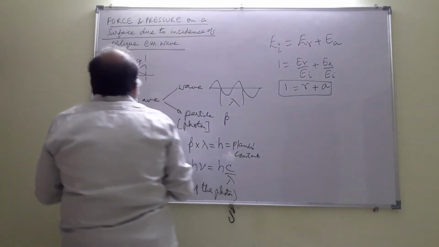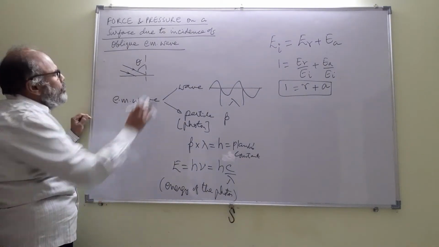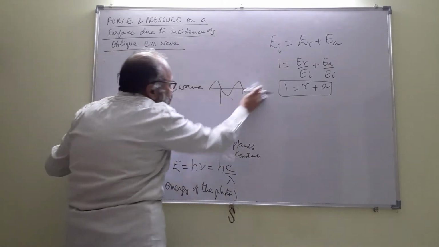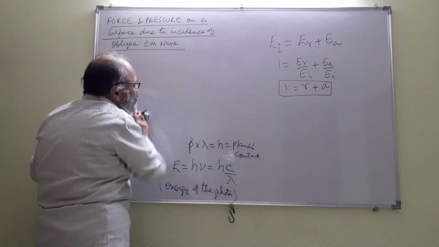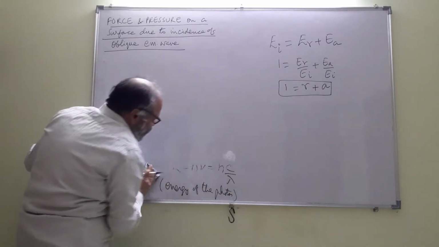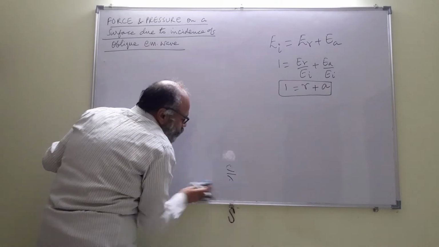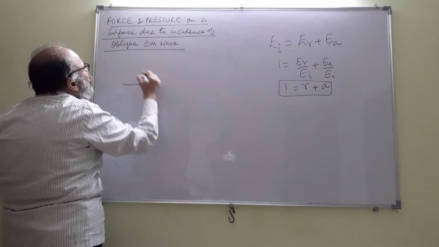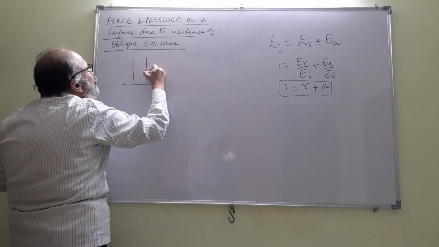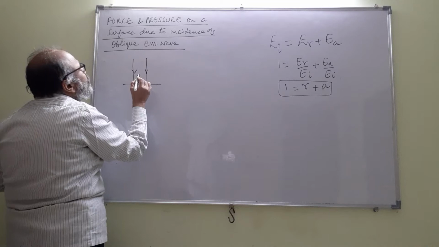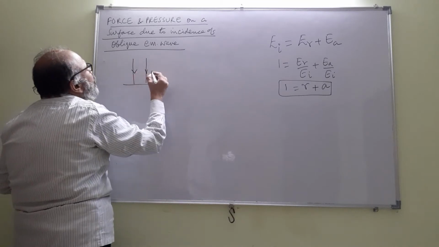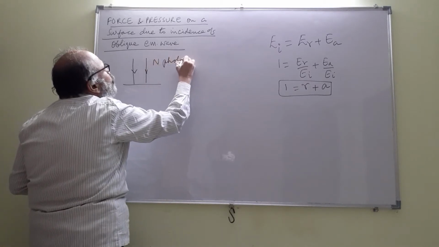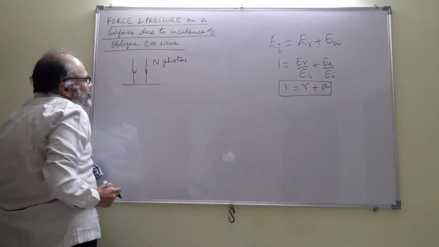Before we go to an oblique collision, let us take the case of a normal incidence. Let us say there are n photons striking this surface.